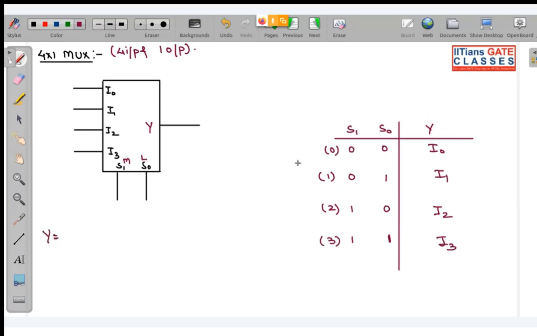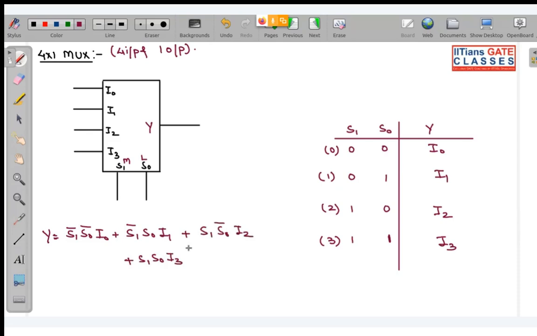Y will be equal to, see, in Boolean 0 corresponds to the complement form, so I can write it as S1 complement S0 complement I0 plus S1 complement S0 I1 plus S1 S0 complement I2 plus S1 S0 I3. Okay, I can write it like this.